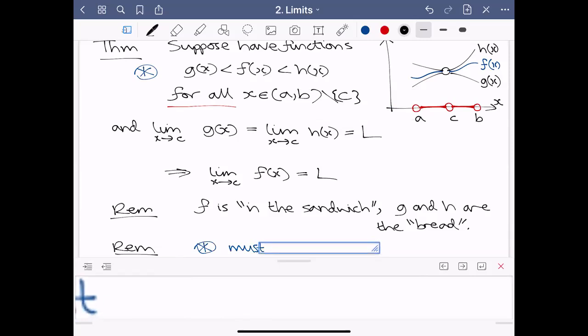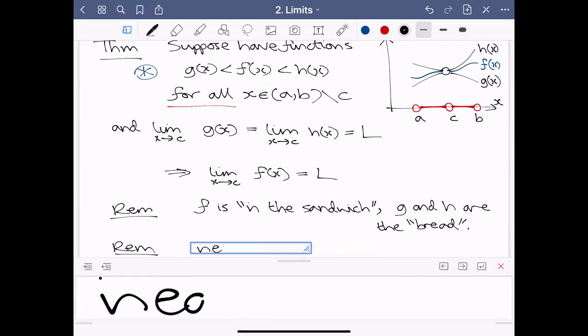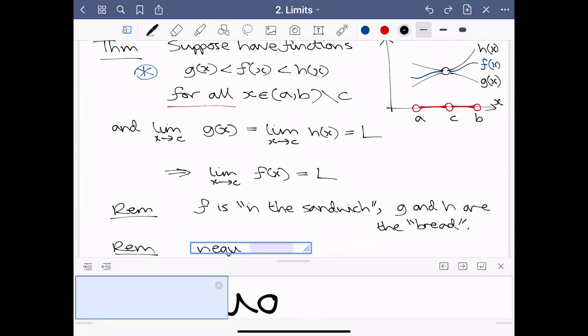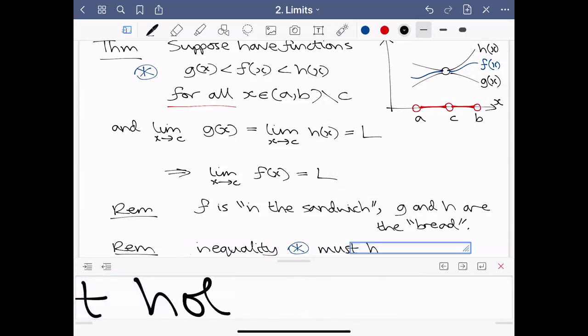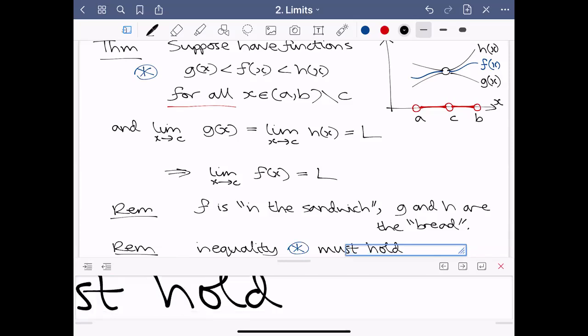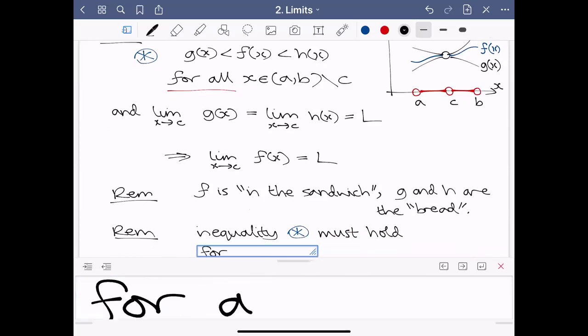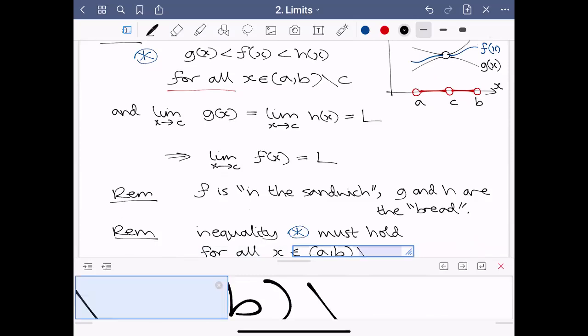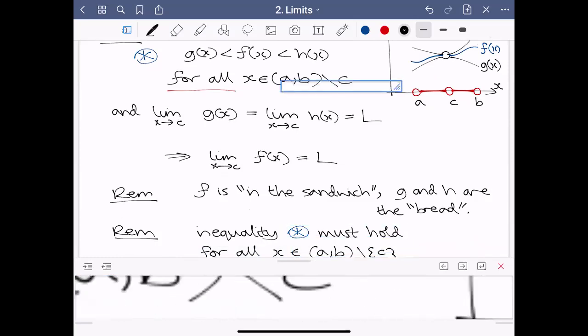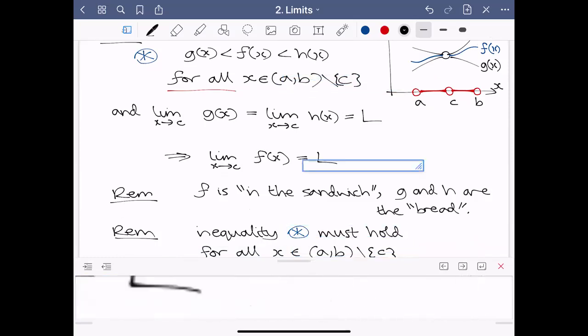Star must hold for all x in the interval (a, b), take away c.